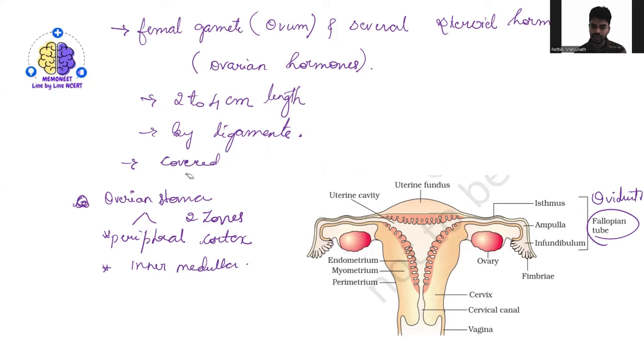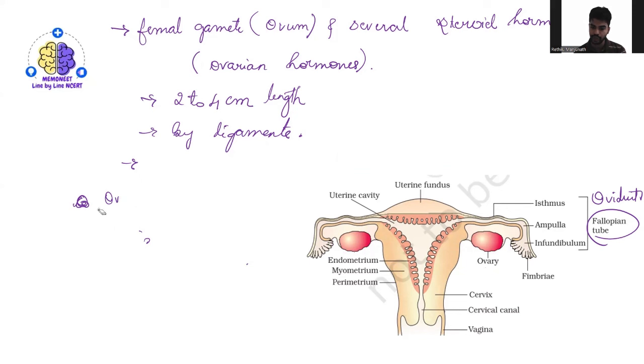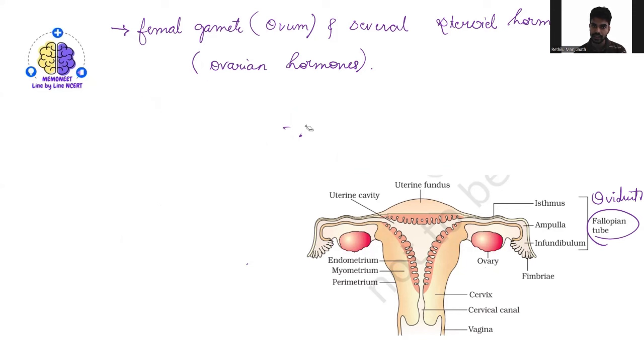The oviduct, that is the fallopian tube, then the uterus, and another part called the vagina.